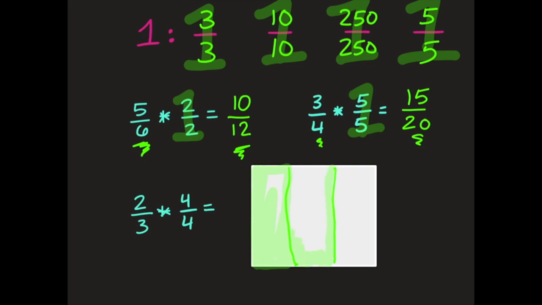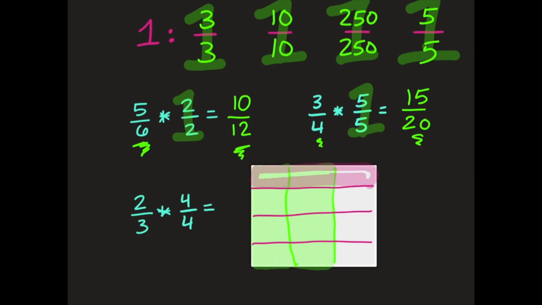So right now, this is the size of 2/3. And now I'm going to multiply it by 4/4. So going the other way, I'm going to draw, remember, 3 lines. So I have my 4 pieces. And I am going to shade 4 of them, all 4 of them. Let me grab my highlighter here.